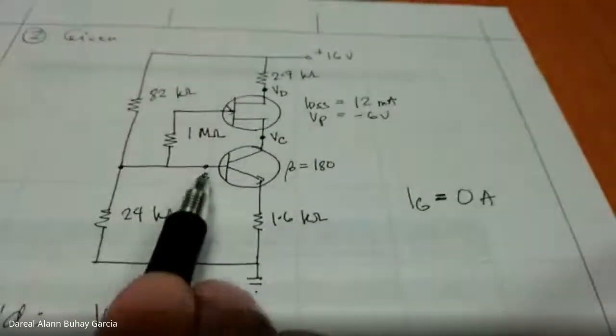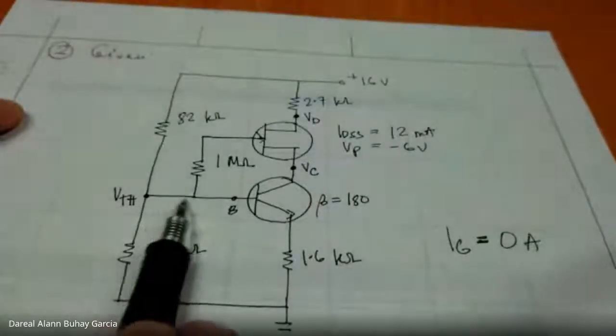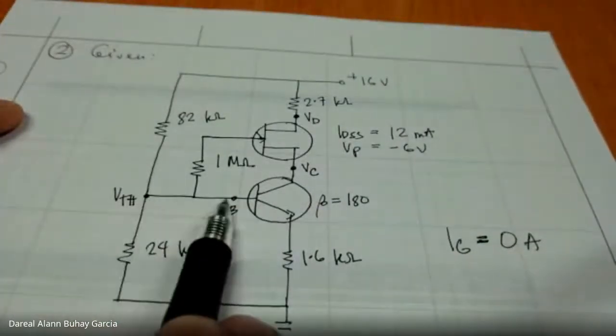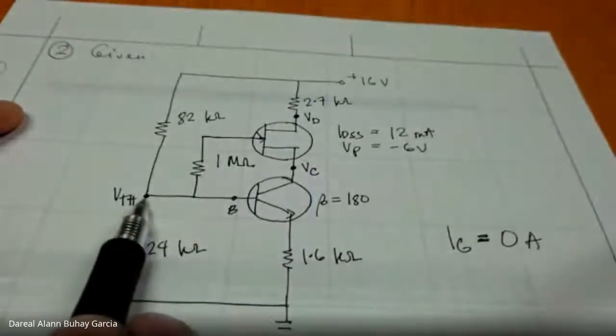VTH is also equal to VB. Right? Kaya wala man, wala ni siya. So VTH is equal to VB. So VB is also equal to 3.62.